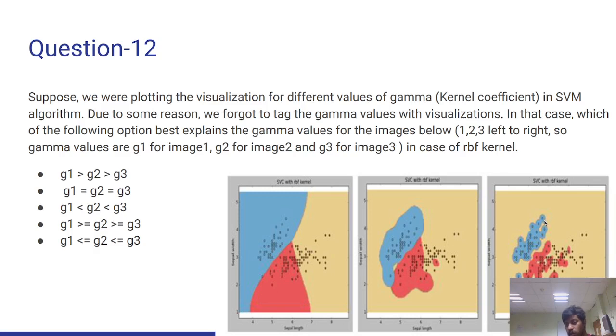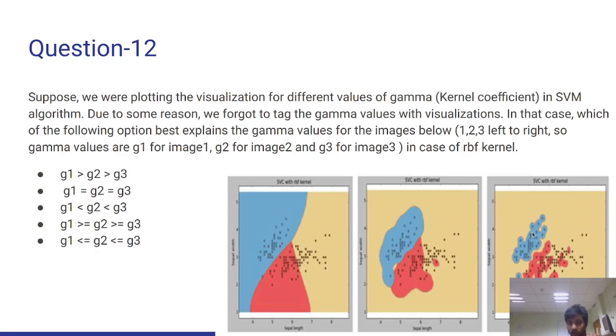The boundary is very near to every point, even the outlier, and it is still classifying it correctly. Red also has a very tight classifying boundary, very near to the examples, and it also classifies the outliers. So that means it is getting overfitted.